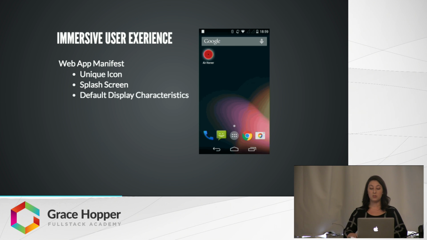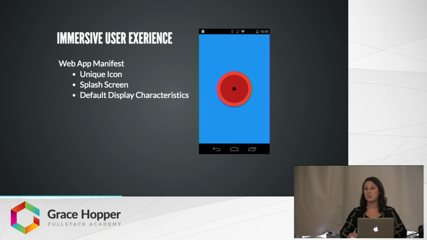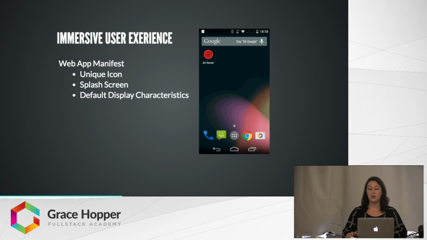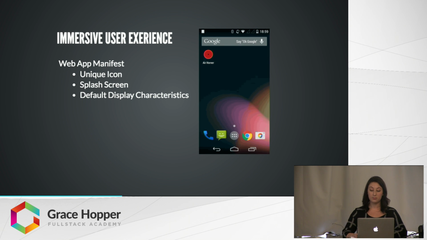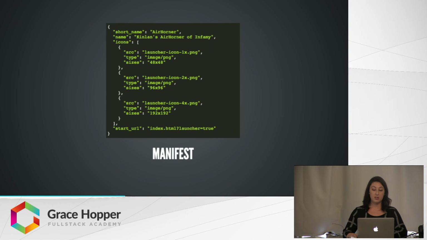And it would also store some default display characteristics, so some styling and any of the information it needs to navigate throughout your app if you're not actually connected to the internet. The manifest looks like this. It's just a JSON object that stores all of the options that you've specified for your specific app.